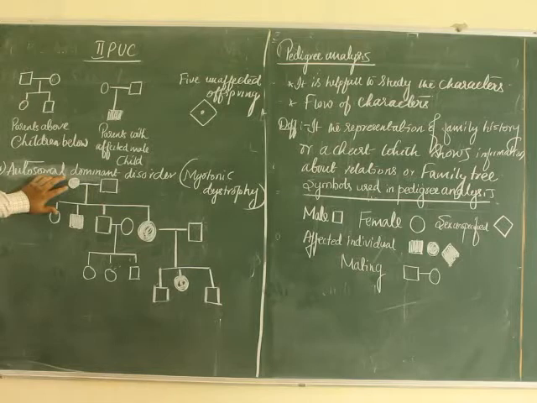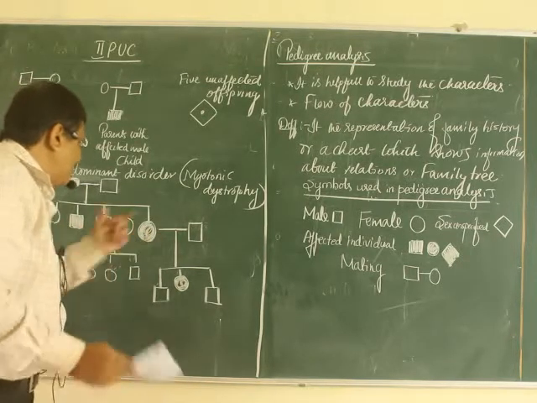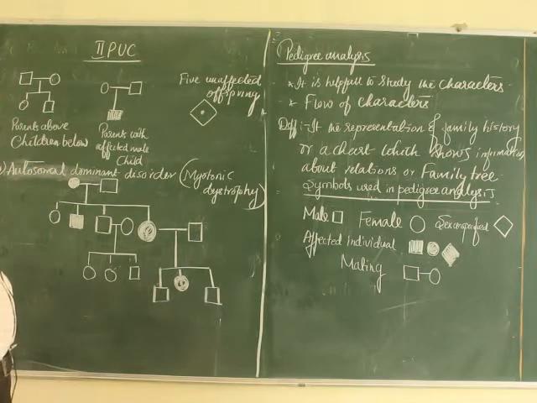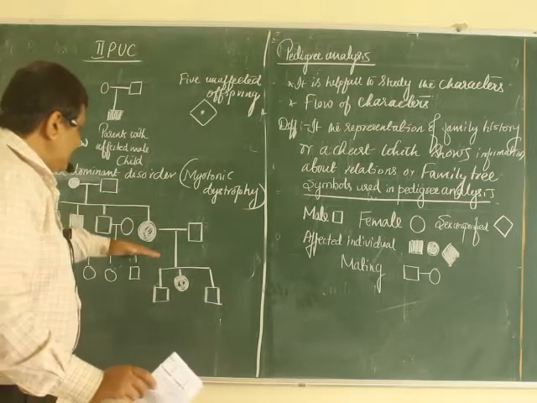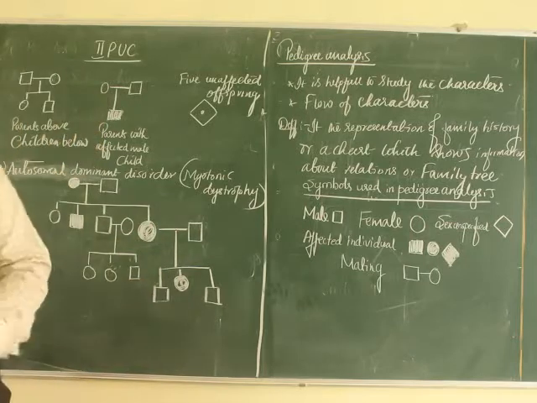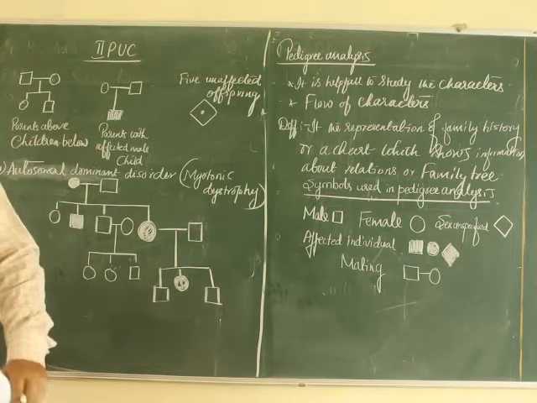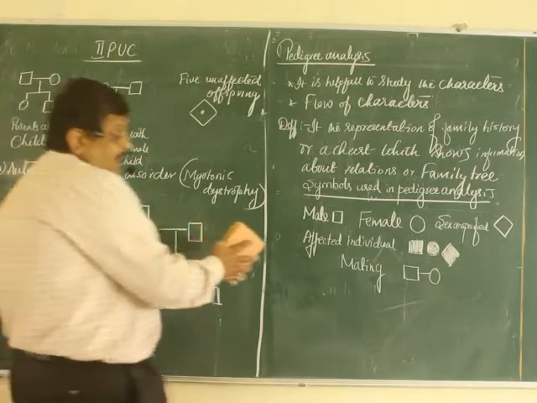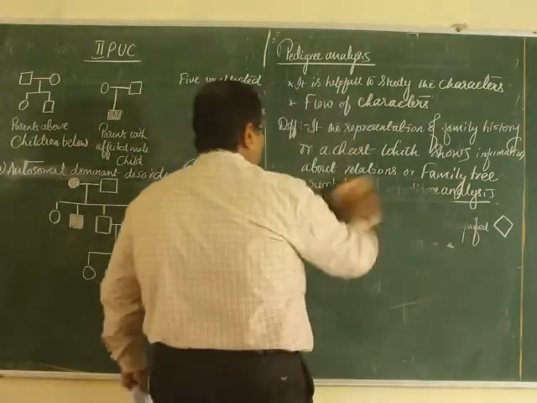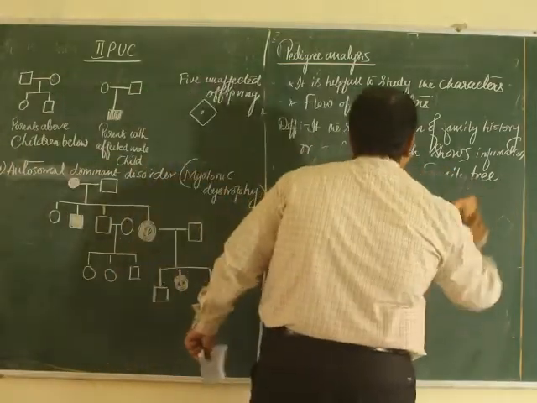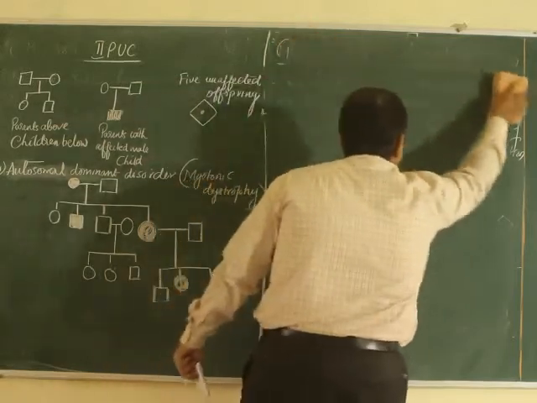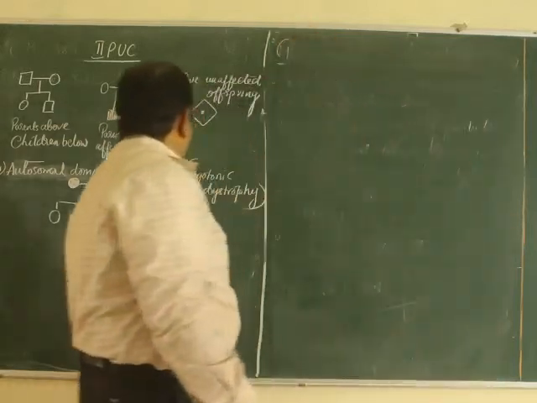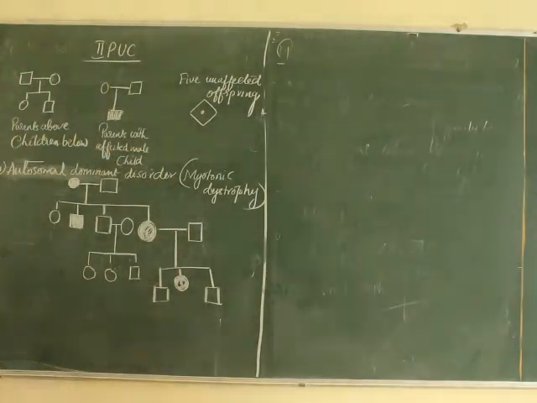One reason, the disease equally appears in both male and female. The second reason is, the disease can be seen in every generation. So it is autosomal because it is seen in both male and female. It is dominant because the disease is observed in every generation. So, it is an autosomal dominant disorder.